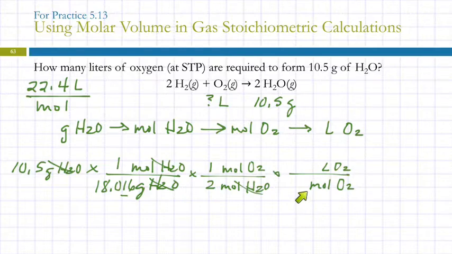Here, liters per mole, we can use the molar volume of a gas. This works for any gas at STP only. So it's 22.4 liters per 1 mole of oxygen gas.